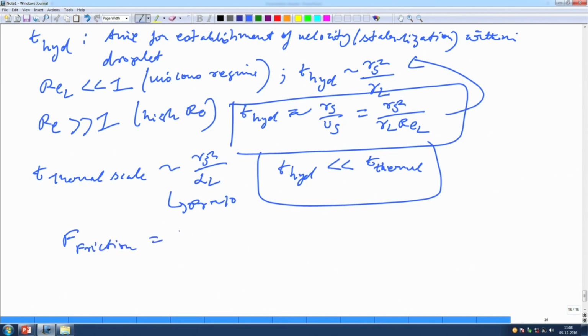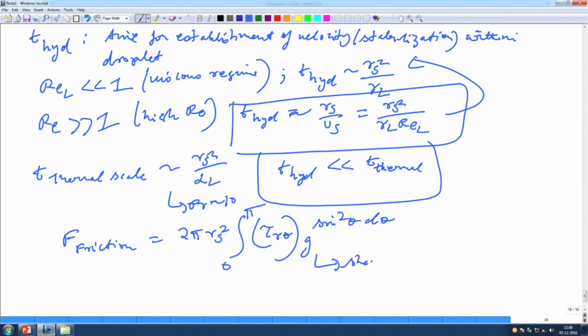So, when we calculate the friction force, this is Rs square times the integral of tau_r theta,G sine square theta d theta. So, this is the shear stress on the droplet from the gas side, coming from the gas side, right.